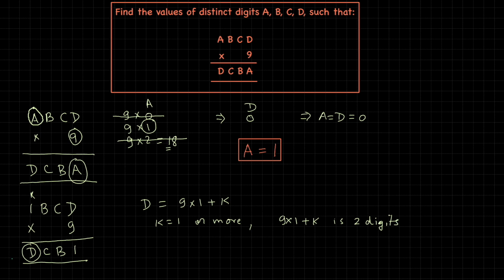What that would mean again is that there's going to be an overflow leading to a fifth digit if K is 1 or more. So what that implies is, since there's no fifth digit in the output, K is 0. Which implies that D will be 9 times 1 plus 0, which is 9. So we found the second digit. D has to be 9.